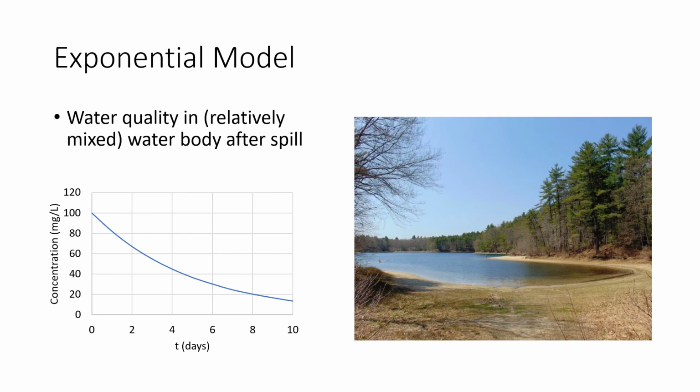Water quality in a relatively well-mixed water body after a spill is the same thing. As long as you have an outlet from that water body, the concentration is going to decline over time. That doesn't even mean that the chemicals are being organically decayed. It's just a factor of letting water out of the system and diluting it with incoming water.